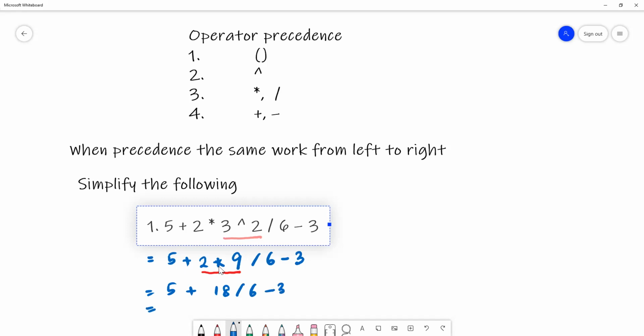Next one, Tahimi. Division. Now this time we have to do the division, right? So we have 5 plus 18 divided by 6, that is 3, minus 3.